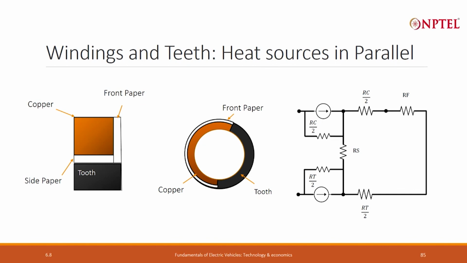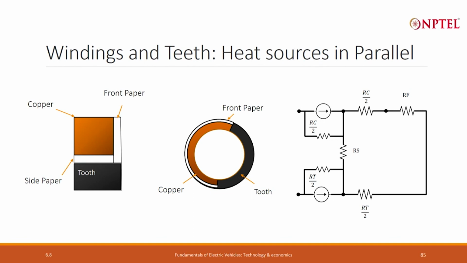So, using this, I can construct a circuit diagram for just this portion. There is copper and there is the tooth. I know how much heat is getting generated in the copper, I squared R. I know how much heat is getting generated in the steel as a whole, and the steel is nothing but the teeth and the back iron.